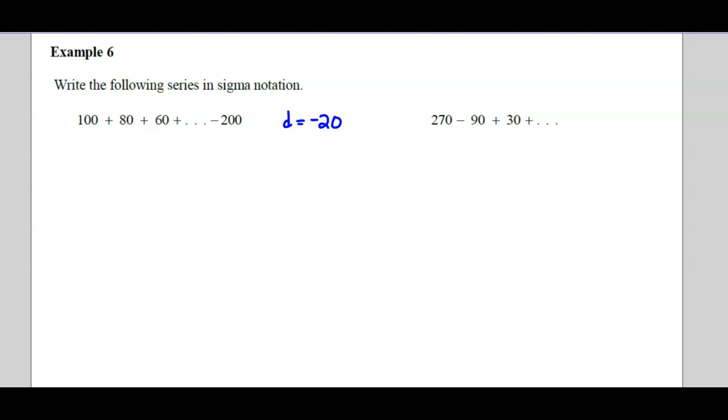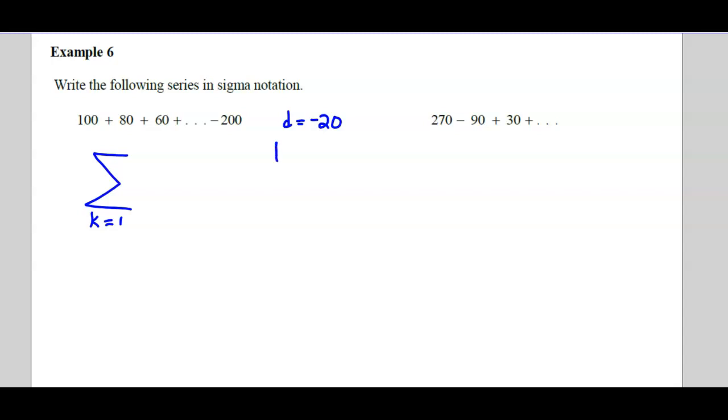So in our sigma notation, we can use whatever index. I often use k, and I always start at k equals 1. If you start at k equals 1, then you can just use the general term formula.